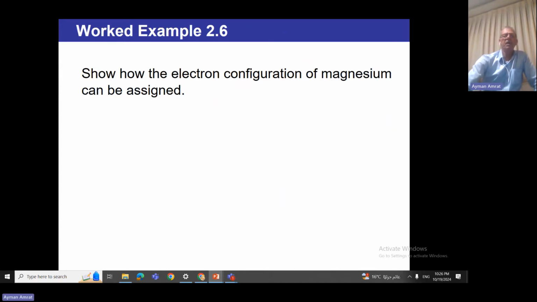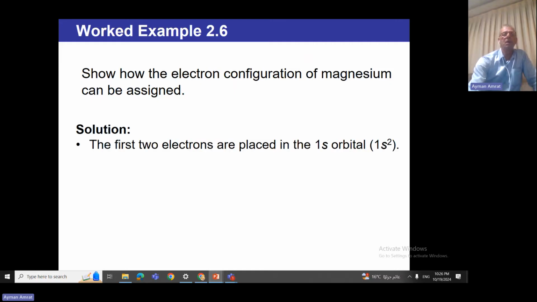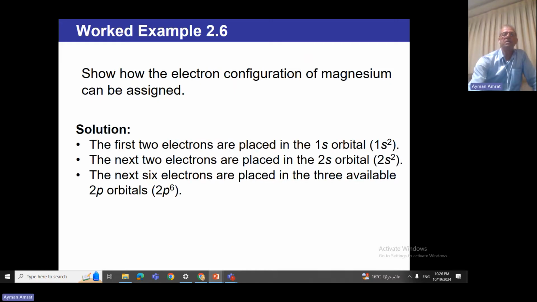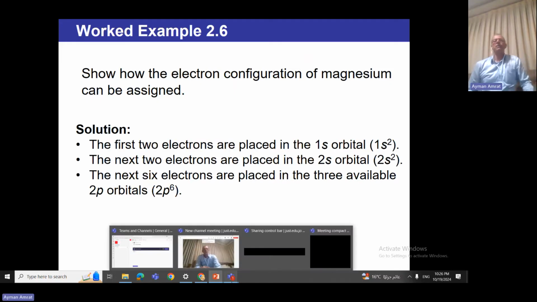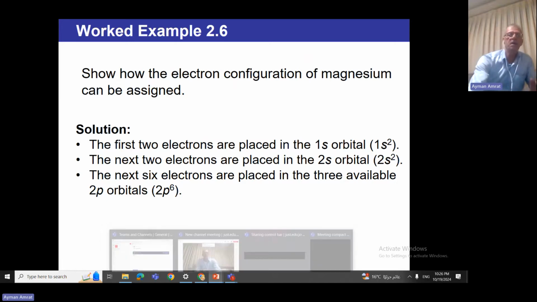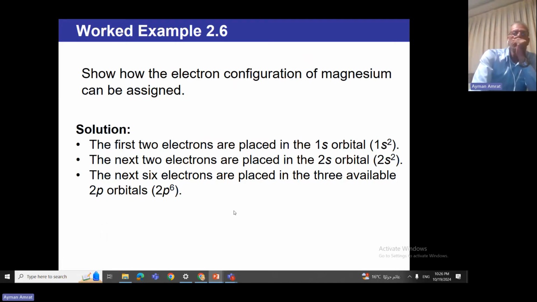Now show how the electronic configuration of magnesium can be assigned. Magnesium has atomic number 12. The first shell should be filled with 2 electrons, the second with 8, and 2 plus 8 is 10. So the remaining 2 electrons should be in the third shell.